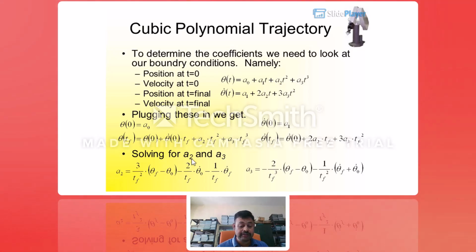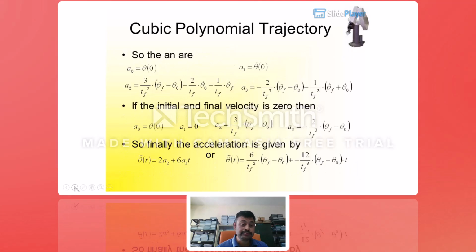So here, solving for a2 and a3, you will get this equation for a2 and this equation for a3. So a0 and a1 are already there, and the a2, a3 equations are given. If the initial and final velocity is 0, then you substitute the value 0. Here you will get the a2 value as this much. You will get an equation like this for a3.